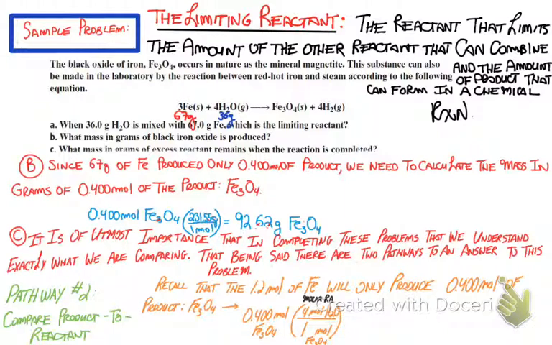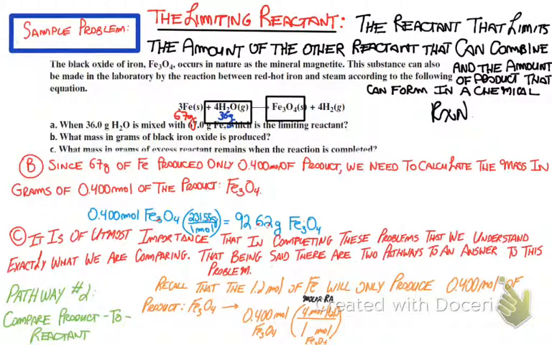So now we're comparing product to reactant. We're looking at Fe3O4 and comparing it back to the limiting reactant, which we discovered was iron, and actually, we're not comparing it to iron because we already figured out iron's the limiting reactant. We're actually comparing it to water. We're looking for the excess.